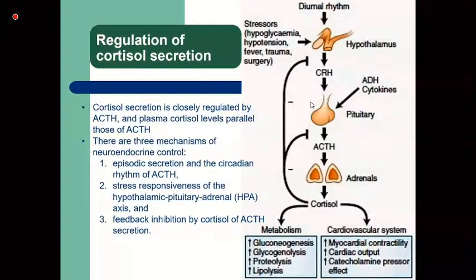And then number 16 is done. We know the effect of cortisol and the mechanism of action of cortisol. Number 20, compare and contrast Addison disease, Cushing disease and Cushing syndrome. So ACTH excess is known as Cushing syndrome. The form of Cushing syndrome caused by a functional pituitary adenoma is known as Cushing disease.